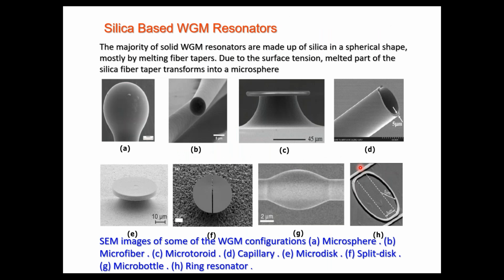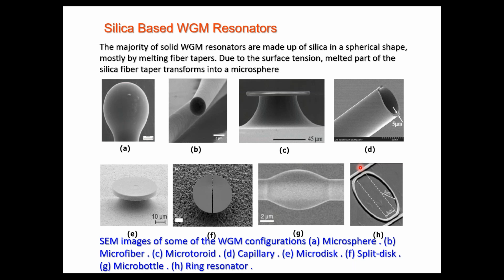Silica-based WGM resonators. Most of the studies that are available are based on glass resonators or silica-based WGM resonators. The majority of solid WGM resonators are made of silica that is in a spherical shape, mostly by melting fiber tapers.